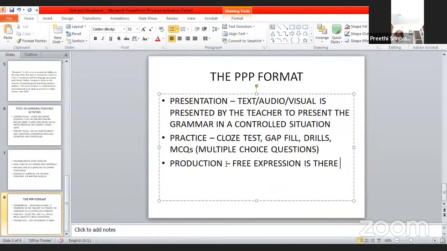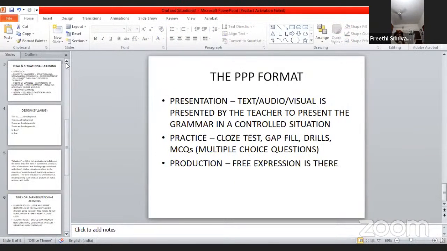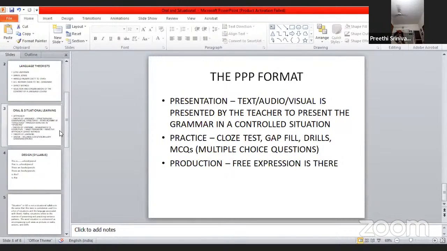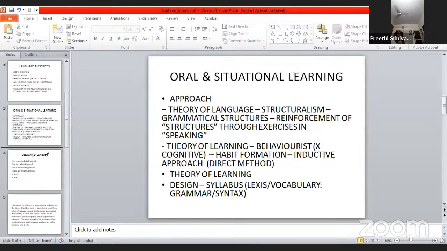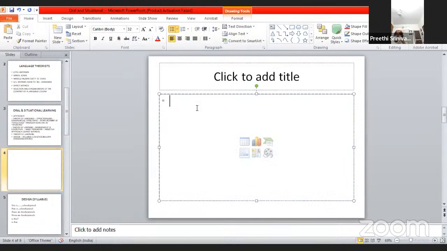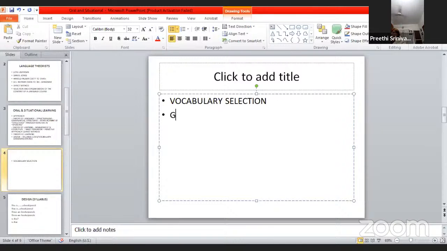So let me go back to two important items which I didn't emphasize because I wanted to give you an overview. You have vocabulary selection, grammar control.